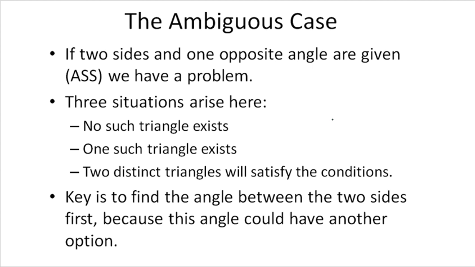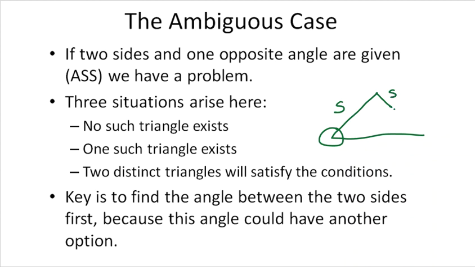For some kids, this is a little bit confusing, so let me explain. If I have a side and an angle, and there I am, right? I have an angle, I have a side, and another side. Now, here's the scenario.